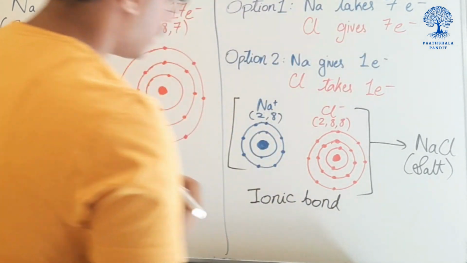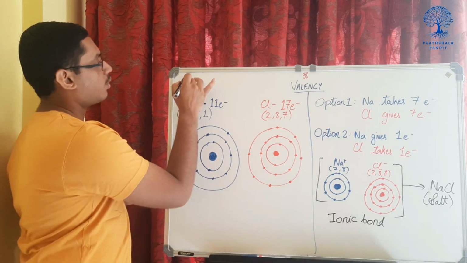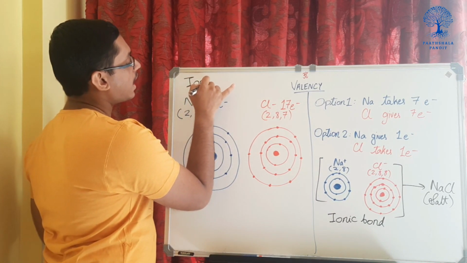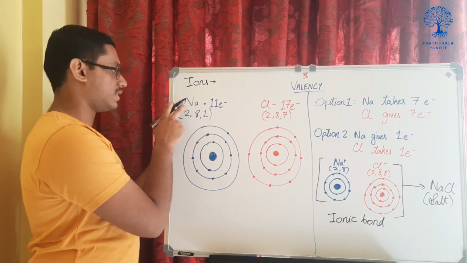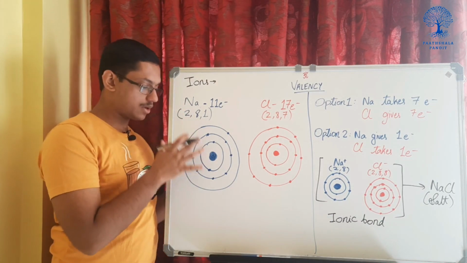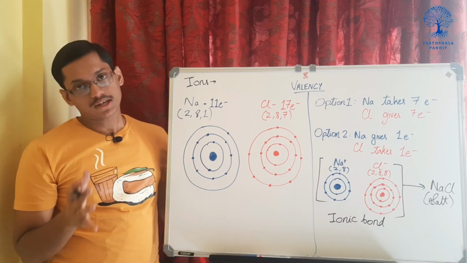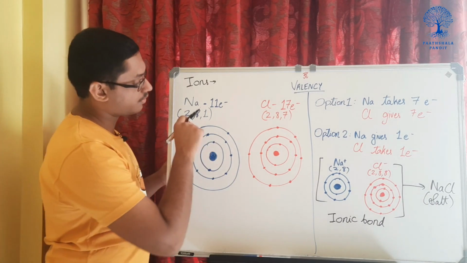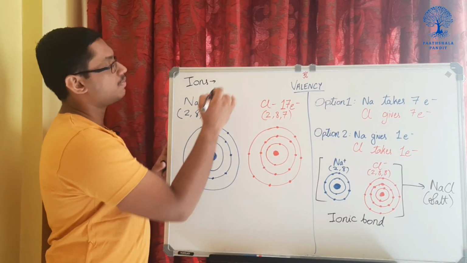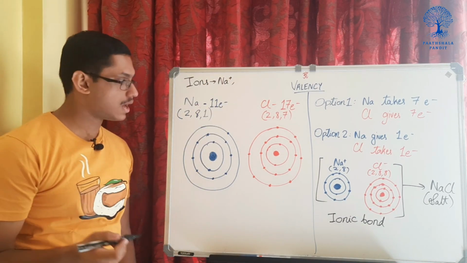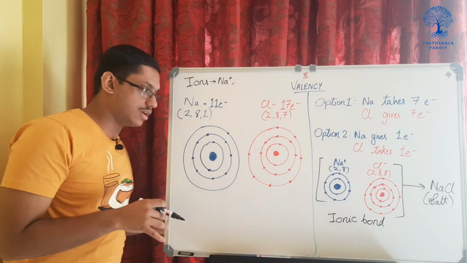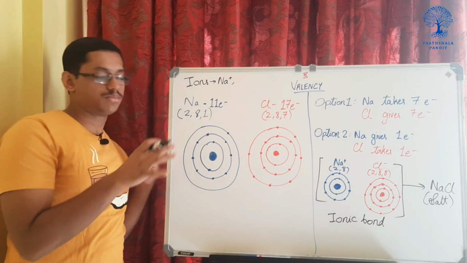Now what are ions? See, what are ions? I am telling you. Ions are those things which are not neutral. Na was first neutral, with an equal number of protons and electrons, so it was neutral. But after giving out one electron, it becomes Na plus. Chlorine was first neutral, positive and negative both balanced.